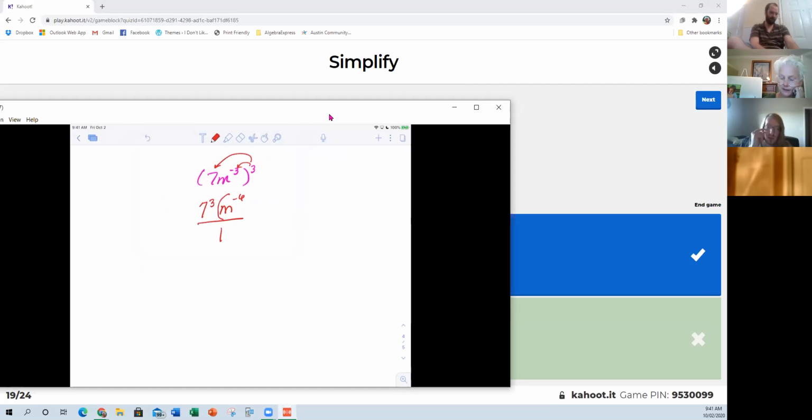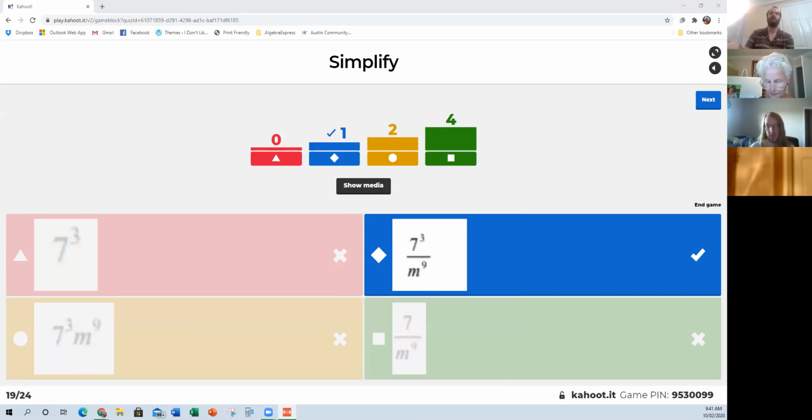This guy has to come across the division bar, so that you would get 7 to the 3rd over m to the 6th. M to the 9th, because I didn't multiply, I added those things. I said multiply and then I added, should be m to the 9th.